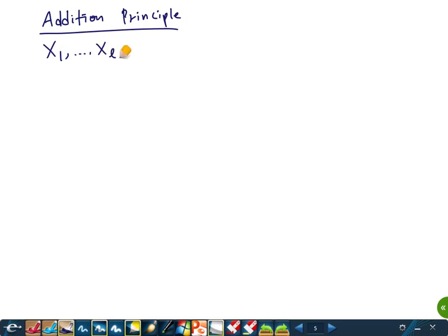X1 to XL, these are pairwise disjoint sets. So any two of them, if they intersect, it'll be the empty set. Then let's say the ith set Xi has cardinality ni.